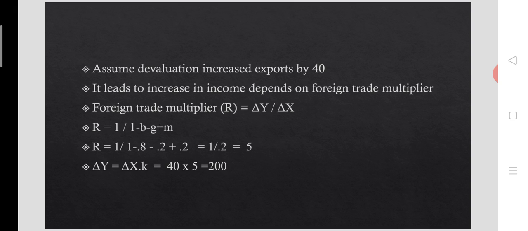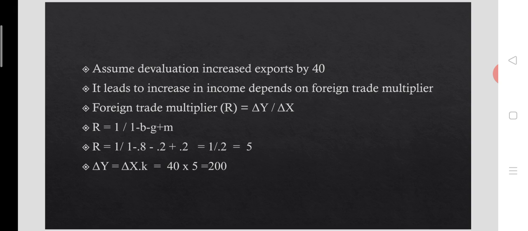So 1 minus 0.8 minus 0.2 plus the marginal propensity to import, which is 0.2. So the value of the foreign trade multiplier is 1 by 0.2, that is 5.